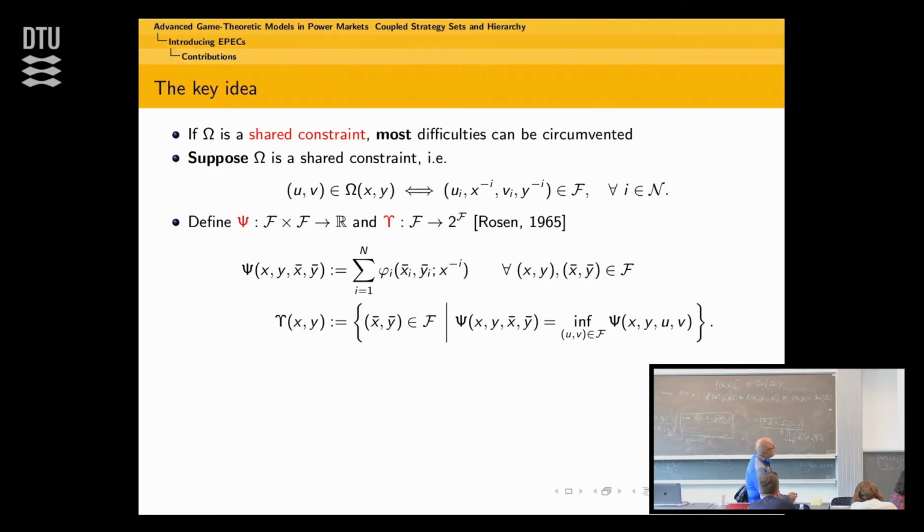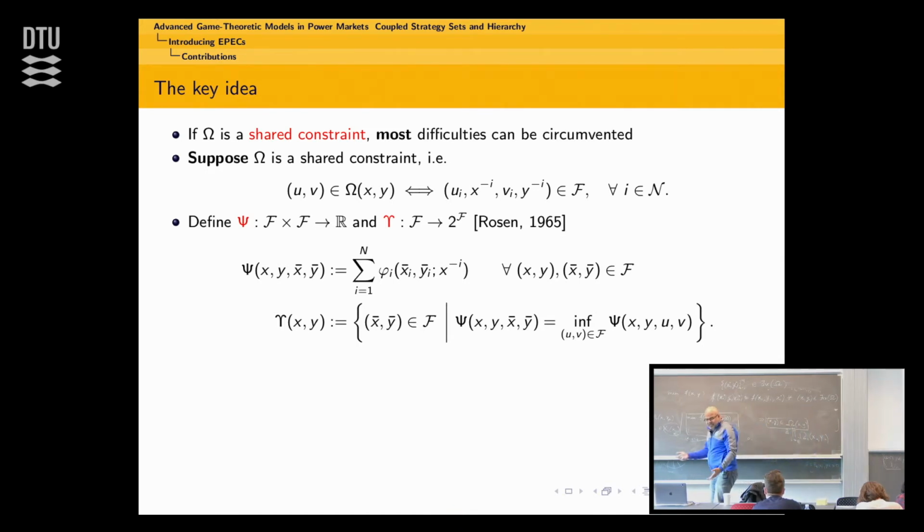if uv lies in omega of xy, so what is a shared constraint? If uv lies in omega of xy, it means that uv comma xy lie in some set. Remember what it means to be a shared constraint map.